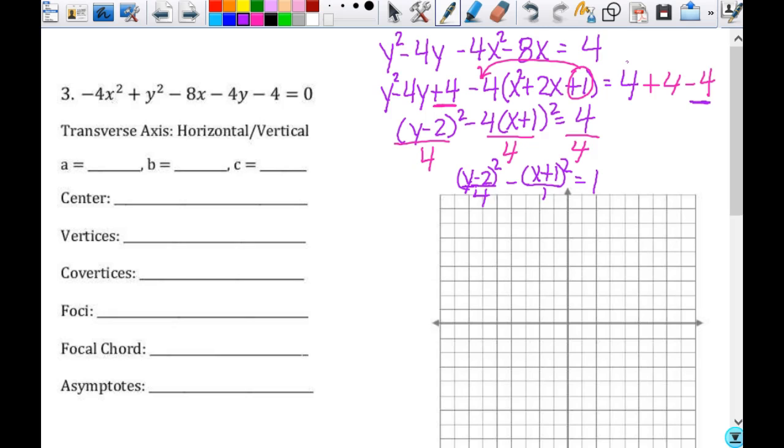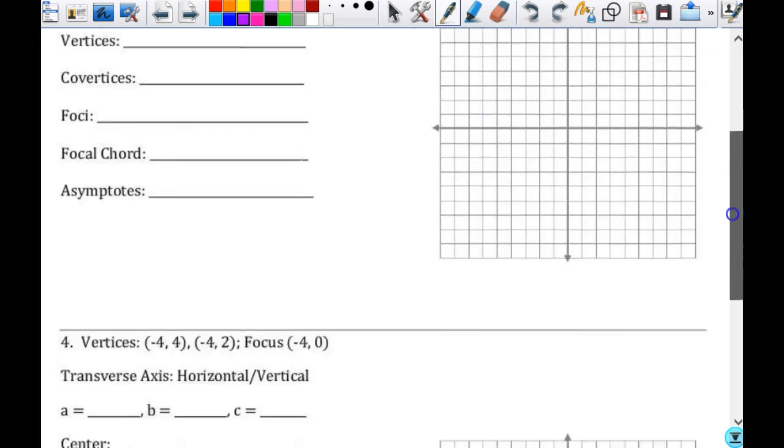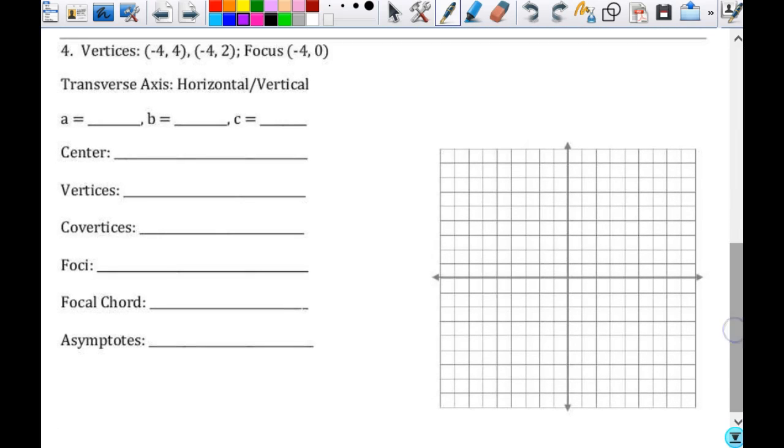Since this is very similar to what we did yesterday, let's go ahead and do number 4 so I'm not rushing through it. I think you can handle that. I went ahead and put the graphs on all of them, not knowing if I'd have time or not. But all right, so our vertices here are at negative 4, 4. Negative 4, 4.